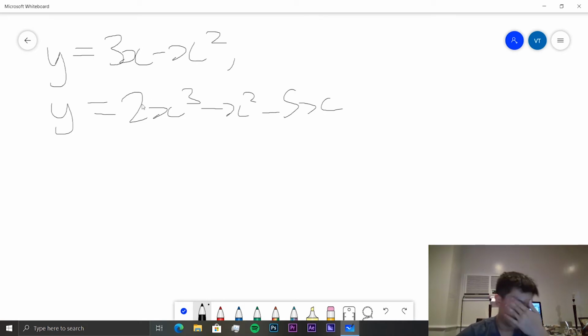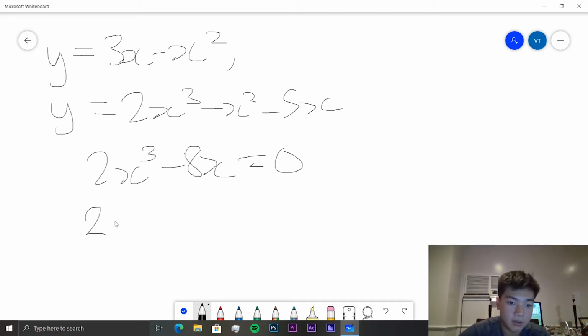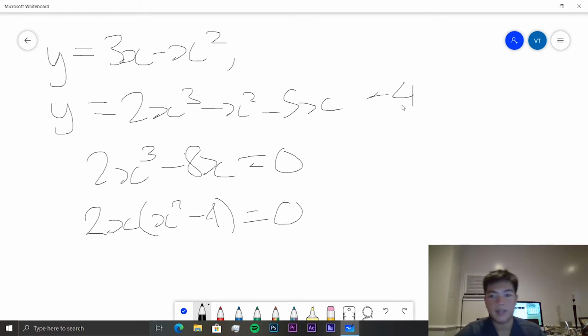To get the intersections, we set them equal to each other, so we get that 2x cubed minus 8x is equal to 0. So 2x times (x squared minus 4) is equal to 0. So the intersections will be at negative 2, 0, and positive 2.